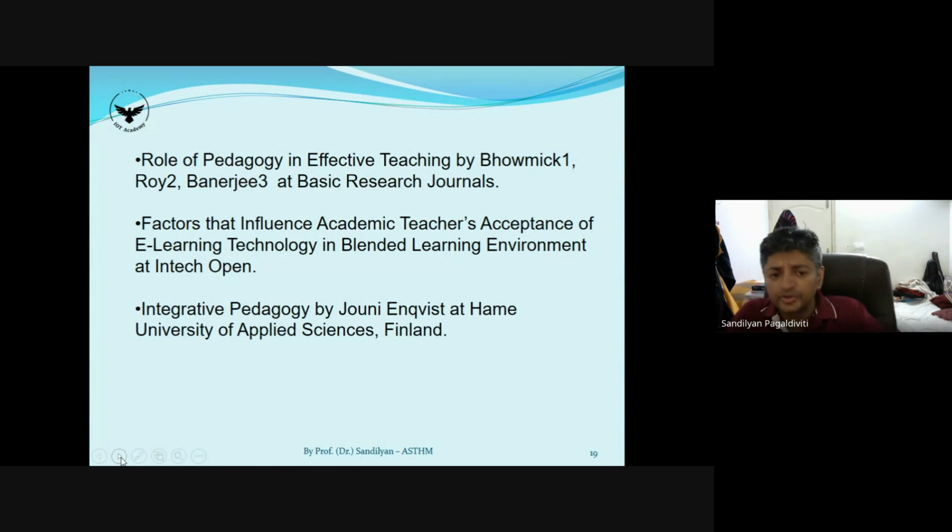Okay. This slide again, I'm giving you a couple of minutes. You can note these down. These are different concepts of teaching pedagogy. If you want, you can go through these. These are very good articles. Please use this for reference and improvement of your own knowledge.